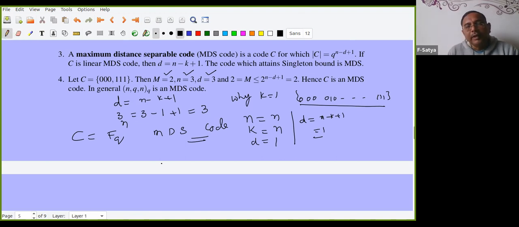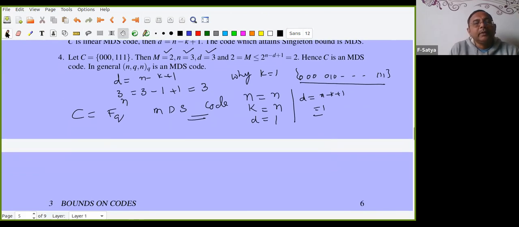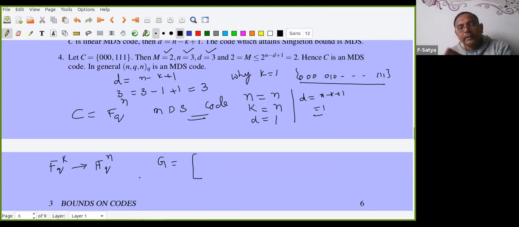One more trivial example is there. Is the parity check code an MDS code? You remember what a parity check code is? F_q power k to F_q power n. Parity check means I'm adding all the coordinates, right?